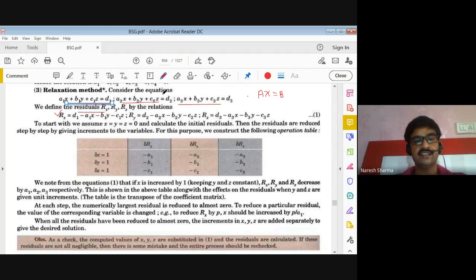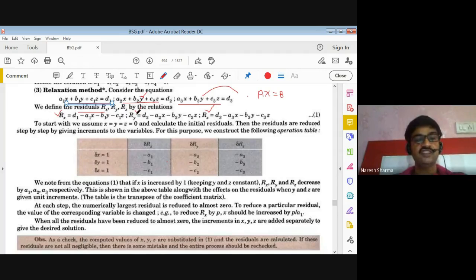Similarly, from the second equation, if we shift everything on the left hand side to the right hand side, d2 minus a2x minus b2y minus c2z is called the residual of y. Similarly, if we shift all these to the right hand side, that is d3 minus a3x minus b3y minus c3z is your rz. So these are called the residuals for your x, y, z variables.